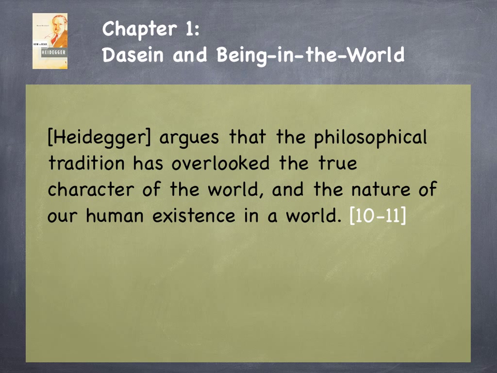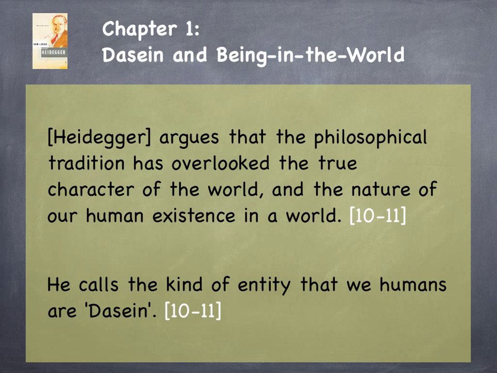Okay, so in other words, we're promised a view of world that is different to the way it has been thought about, and how humans or minds are engaged in the world. Or is it worlds? And this must be a big deal, because he also wants to call human beings by a special word. He calls the kind of entity that we humans are Dasein, a German word.